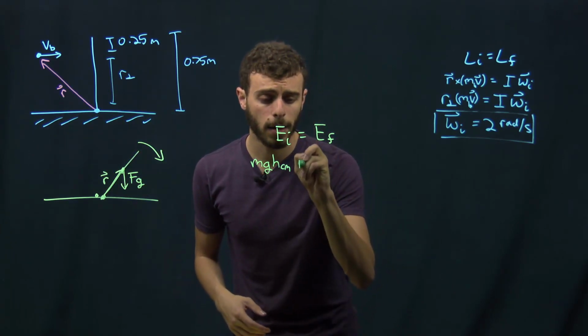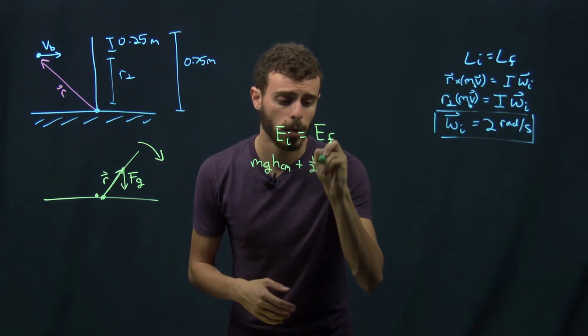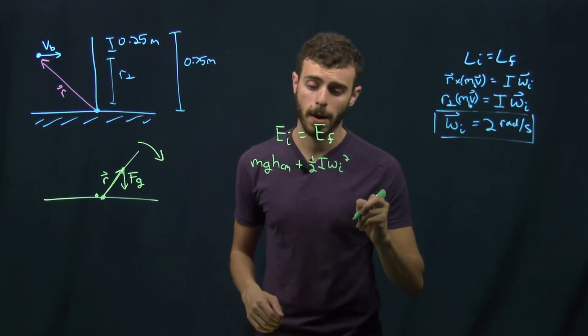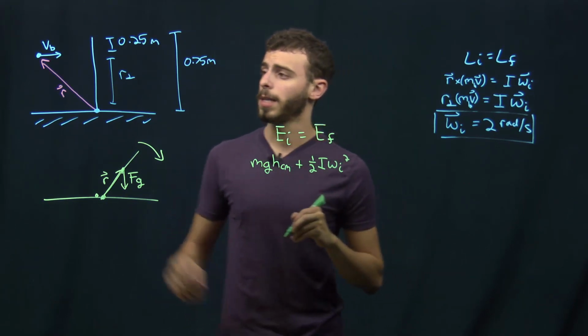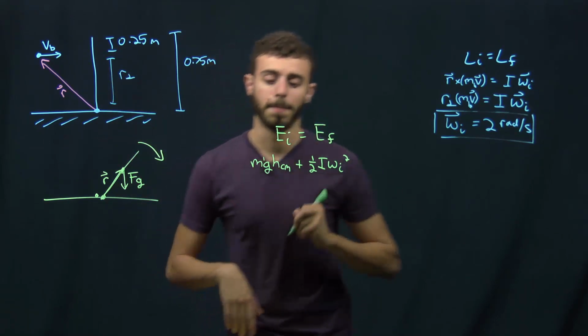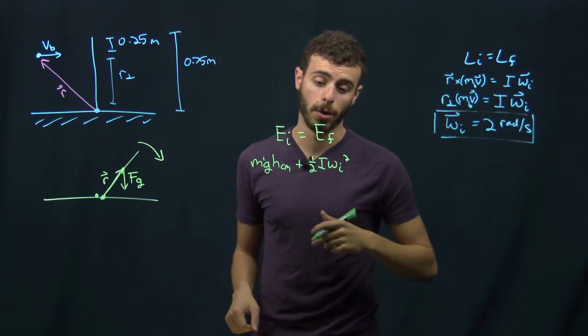And so other than that, it also has some rotational kinetic energy from its initial rotation. So we can write that down of the form 1/2 I omega initial squared. And this m here, we should also be careful, is going to be m of the bar. So I will call that m prime, which is to say the mass of the bar, which is not equal to the mass of the bird over here.